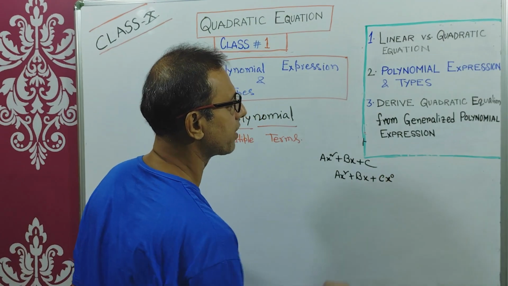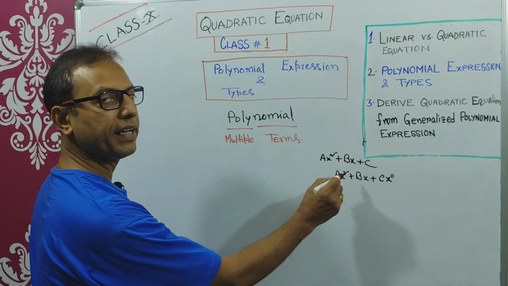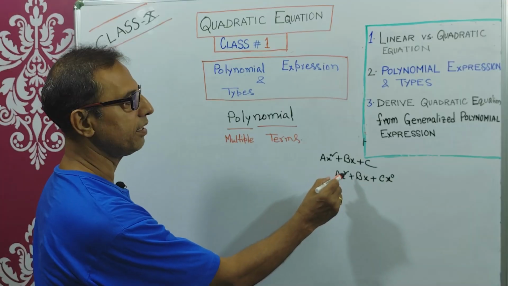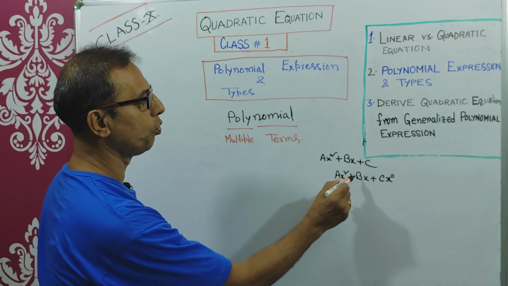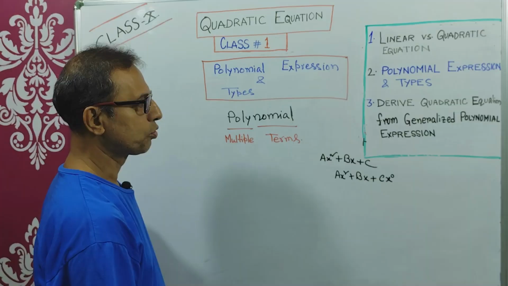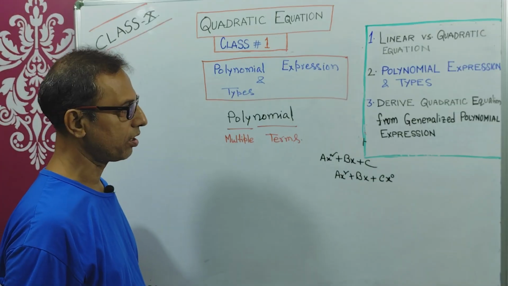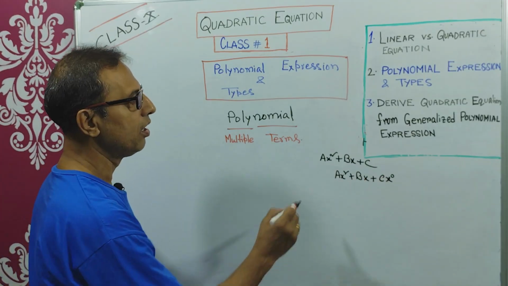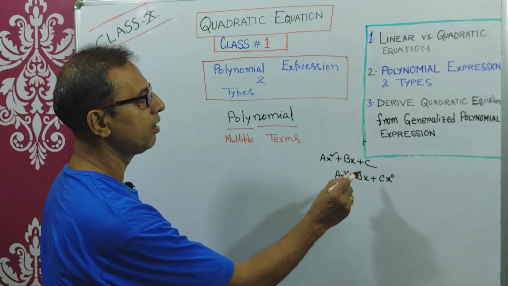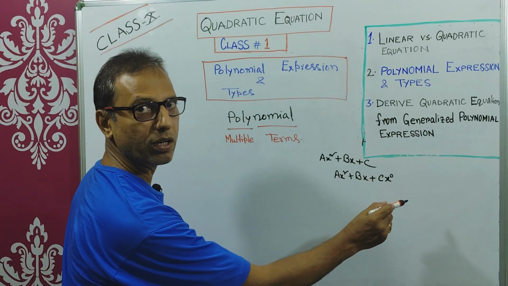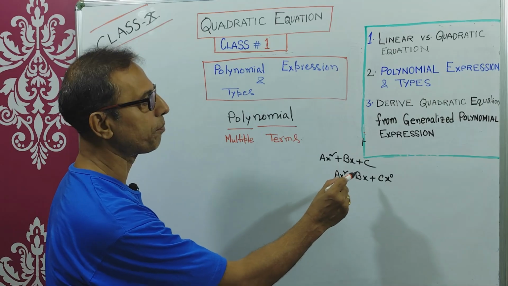So the degree of the variable is in descending order, 2, 1, 0. In any polynomial expression, the degree of variable will be in descending order. That is also one property of polynomial expression.